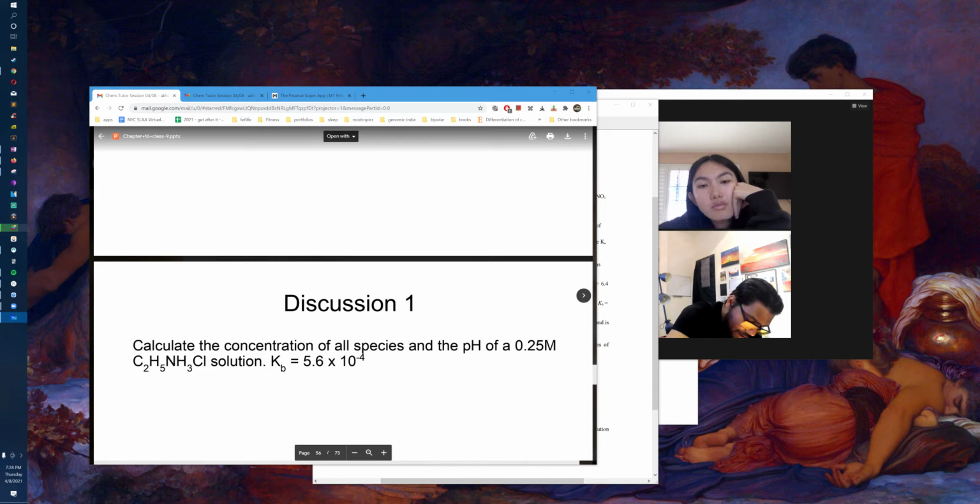And on the top, it'll be C10H15ONH plus times the OH minus concentration.